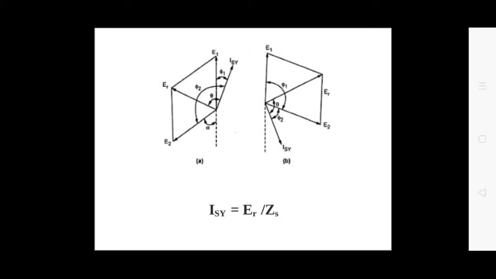This current is a generating current with respect to alternator 1, since it is in the same direction as the EMF of alternator 1, while it is the motoring current for alternator 2, as it is in opposite direction to the EMF of alternator 2. This current ISY will produce a synchronizing torque which will try to retard alternator 1, whereas accelerate alternator 2.